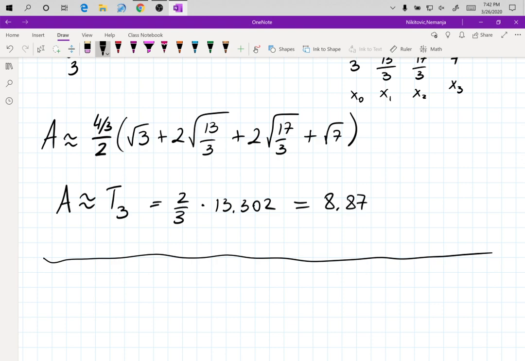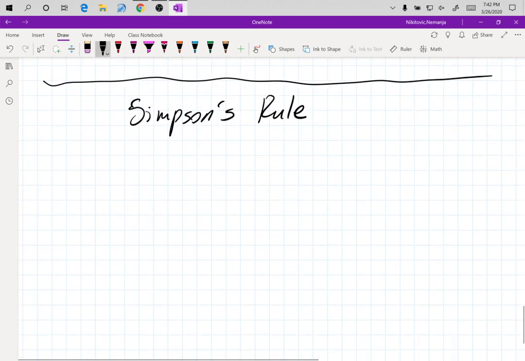And the last one in the bunch is going to be Simpson's Rule. And this will be quadratic approximation. So now you start fitting the curves.